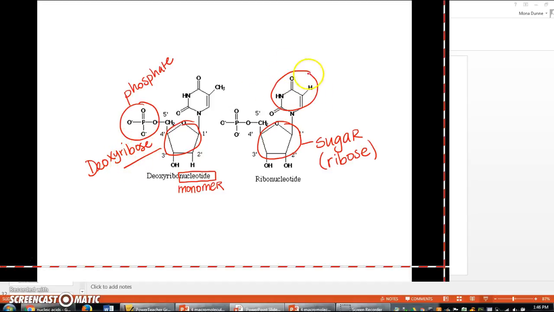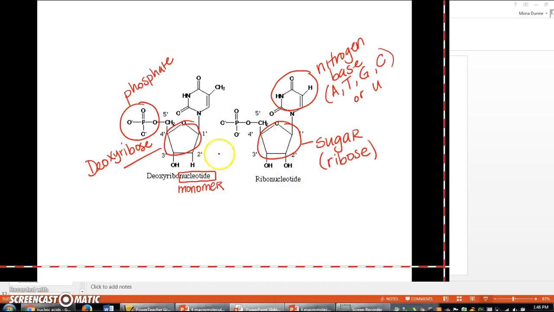And this is what we call a nitrogen base. Now these look exactly the same, so this must be either A, G, or C. And remember, in RNA there would be U. So these are the three parts that compose a nucleotide.